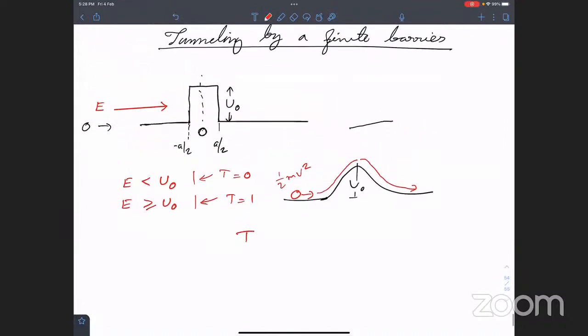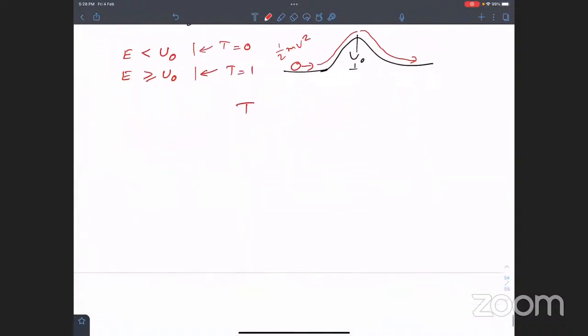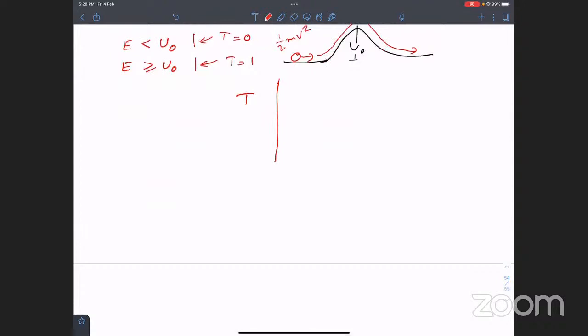The meaning of transmission is whether we'll be able to detect the ball on the other side. I'm going to use a little bit of a strange way of plotting it. I'm going to actually plot the transmission on the x-axis, not on the y-axis. Generally in quantum mechanics, the y-axis is usually reserved for energy.